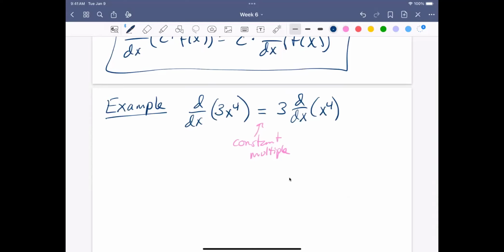So using power, what is the derivative of x to the fourth? 4x cubed. Okay, so that was using power. And then we can simplify it just a little bit. We take 3 times 4, multiply those coefficients, to get 12x cubed.